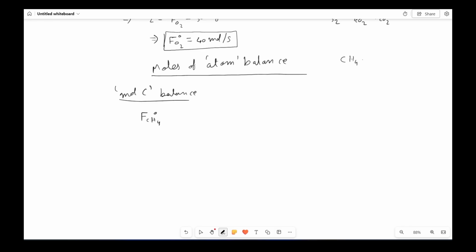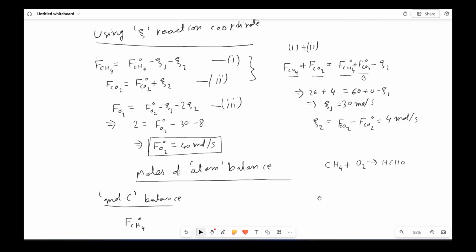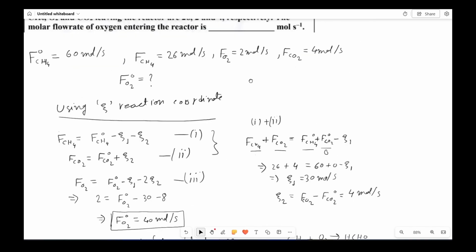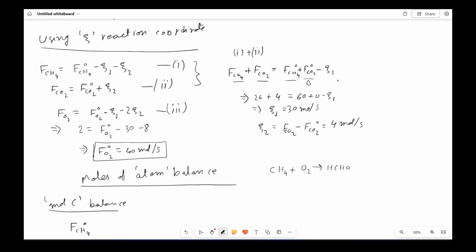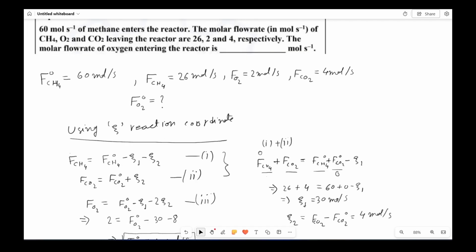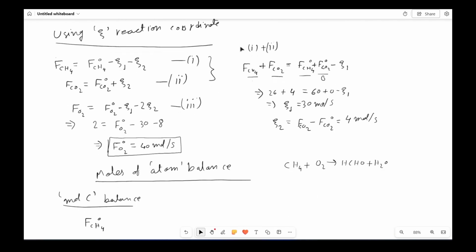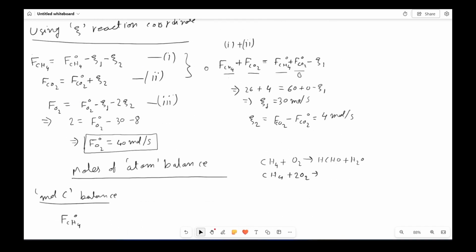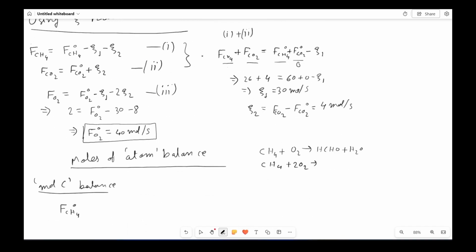CH4 plus O2 gives HCHO plus H2O, and another, CH4 plus 2O2 gives CO2 plus 2H2O.